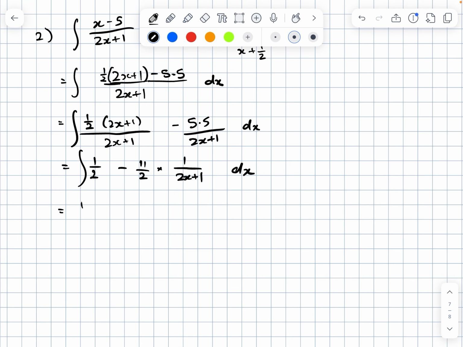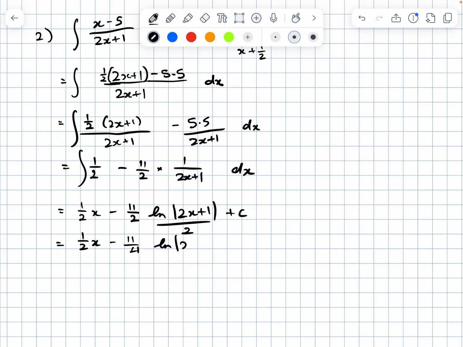Half integrates to half x minus 11 over 2 times ln of 2x plus 1, and then dividing by 2 to finally give us half x minus 11 over 2 times ln over 2 is 11 over 4, ln of 2x plus 1 plus c.